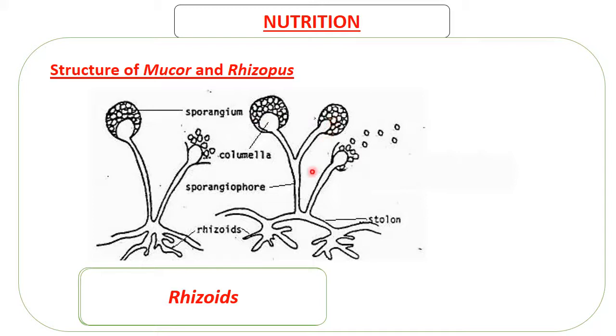So hyphae that have got spore cases at the end are called sporangiophores. This one is a sporangiophore, this one is a sporangiophore, this one is a sporangiophore, and this one is a sporangiophore because they have got spore cases at the end.